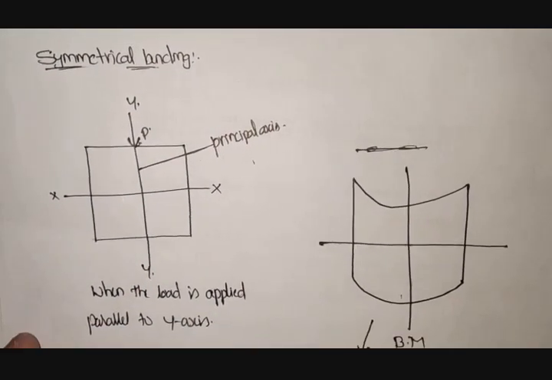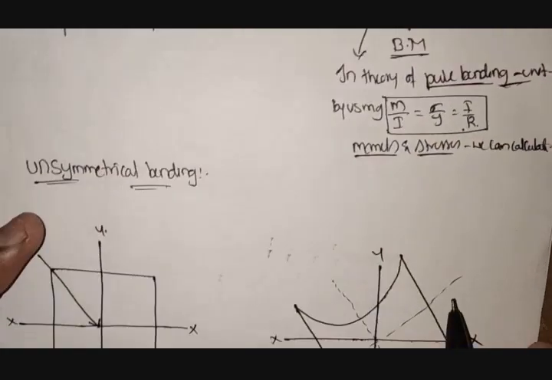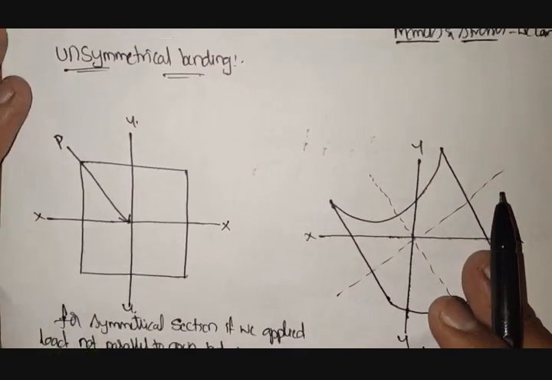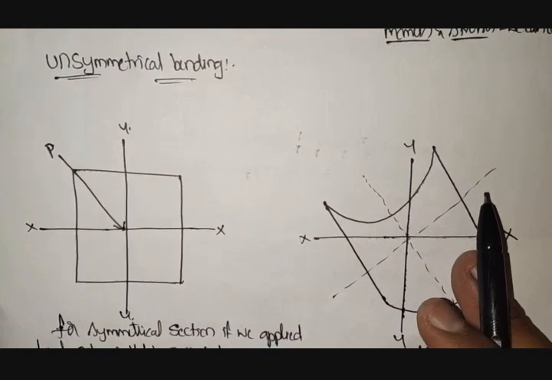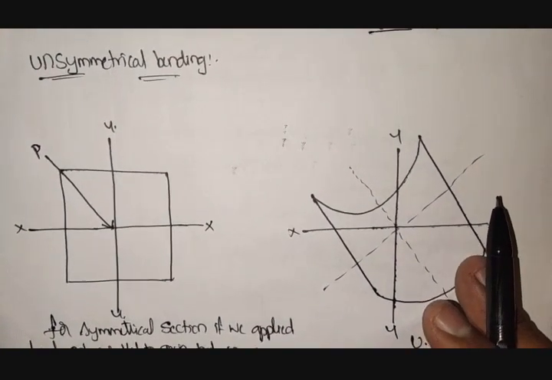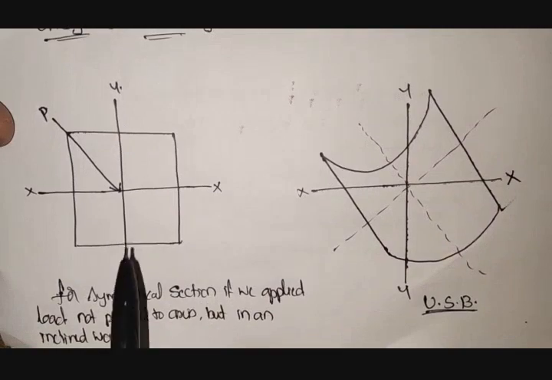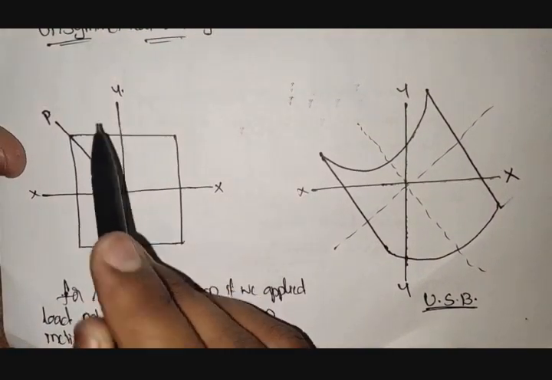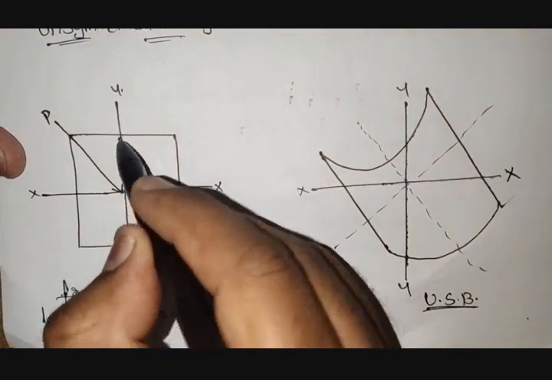So what is unsymmetrical bending? If you see the figure here, this is the same symmetrical section we are going to take, but previously for the symmetrical section the loading we have given was parallel to the y axis.